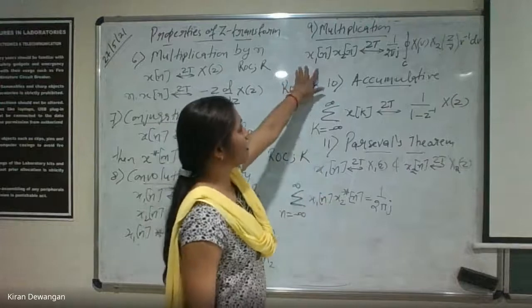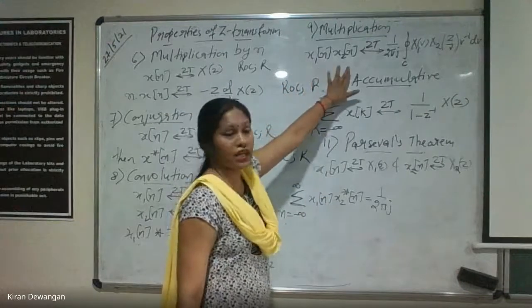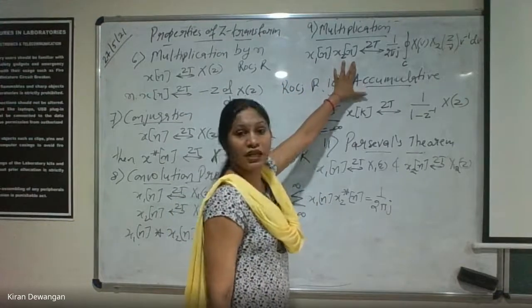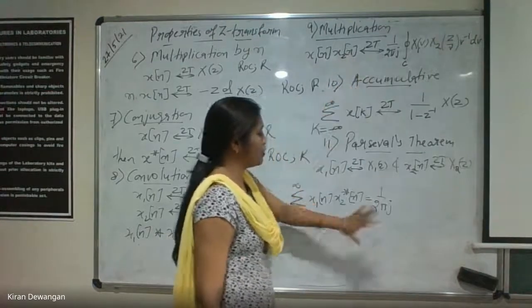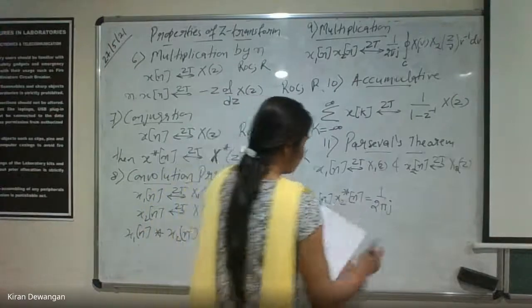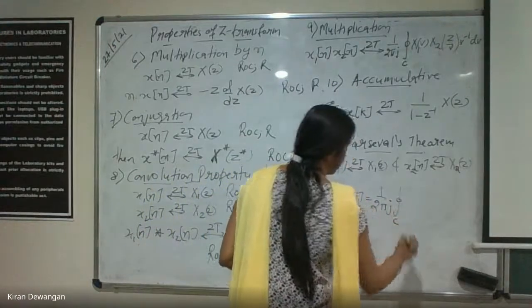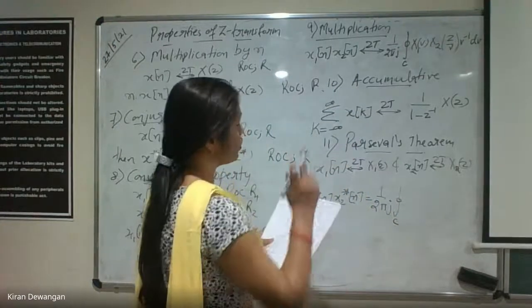1 by 2 pi j, where x2(n) has been taken in terms of its conjugate. Again we take a contour integration. Now what would be my first term?